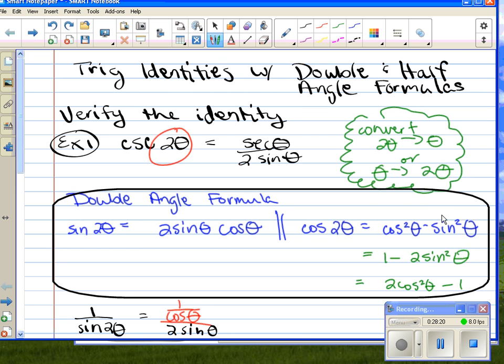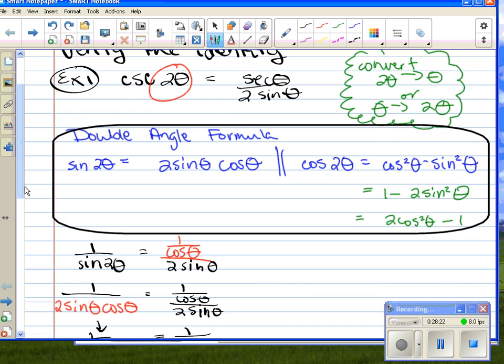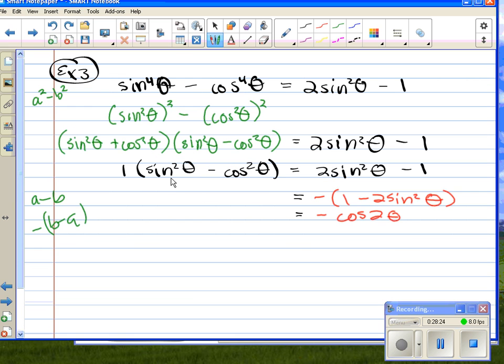Same idea, we can flip these around if I pull out a negative. So then I can change this to negative cosine squared minus sine squared, which is really the same as negative cosine 2 theta. And the left side equals the right side. Hip, hip, hooray.